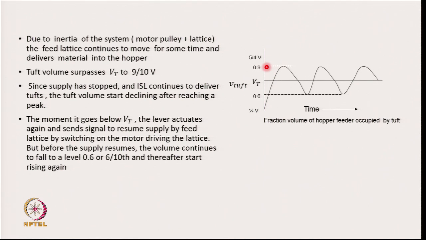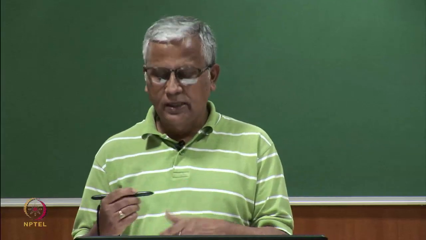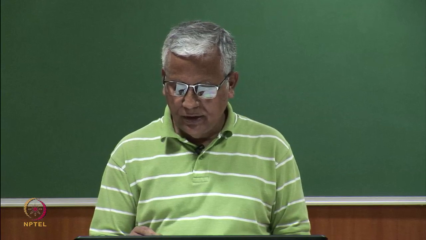It will be maybe 20% more or 30% more, it will reach some volume. But now what has happened? The feed is going to be stopped, but the material collected within the bin or within the hopper is a little more than the target value, which is V t.